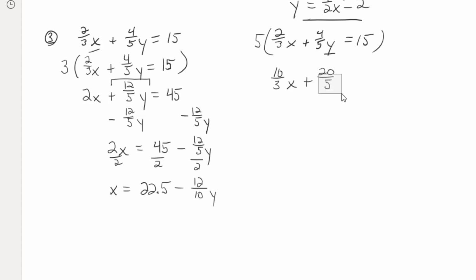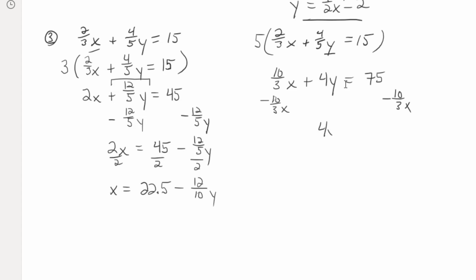So we get 4y equals 5 times 15. What is that? 75, I think. 15, 30, 45, 60, 75. Okay, so now we're solving for y, so we're going to move this term over. Minus 10 thirds x.